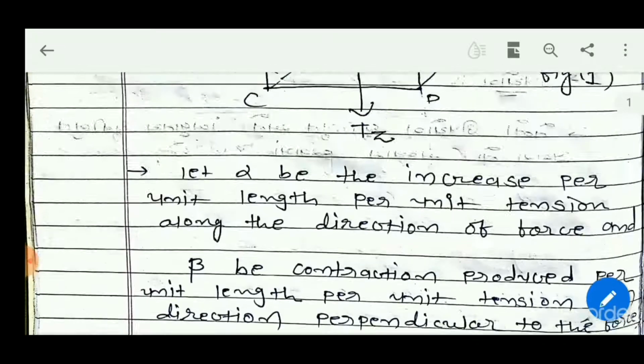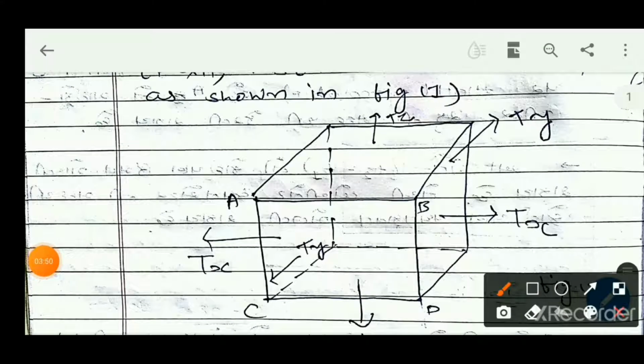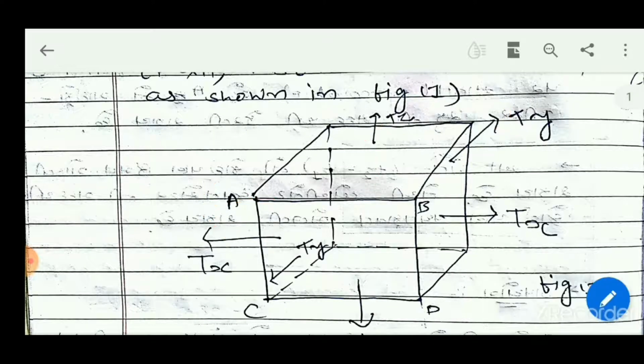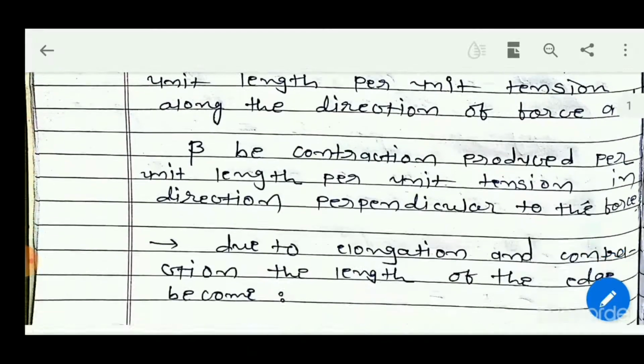Applying tension in this direction AB leads to an increment in the Tx direction, and in the other directions Ty and Tz there is decrement or contraction.